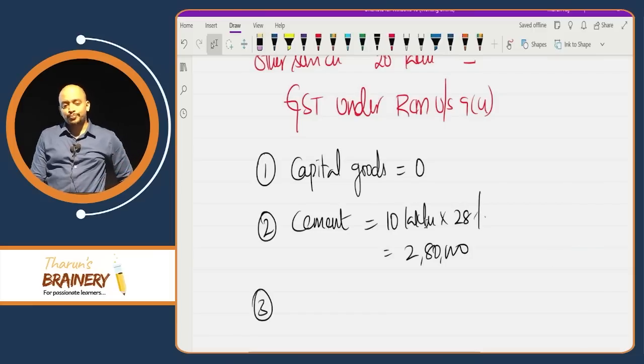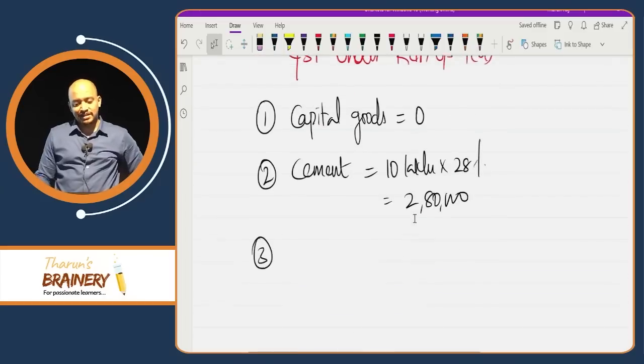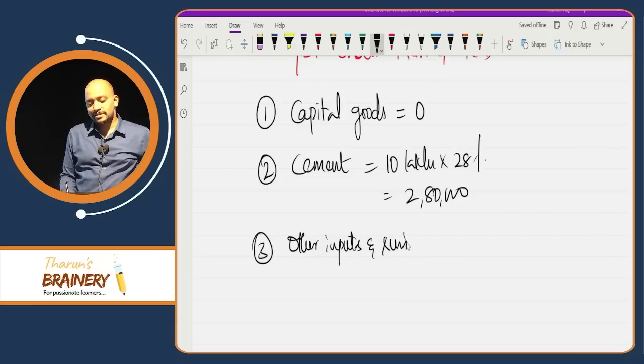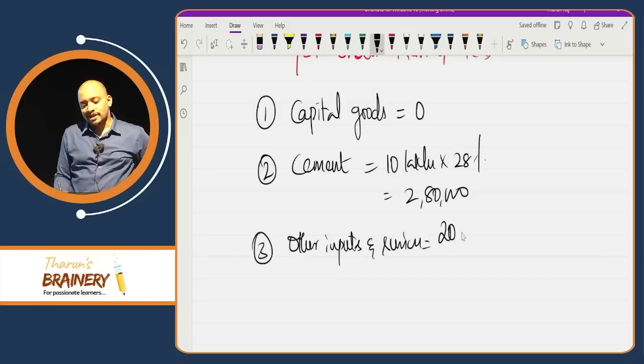Other inputs and input services from unregistered person, how much? Other inputs and input services, so total how much? 20 lakhs. 20 lakhs from unregistered person, correct?